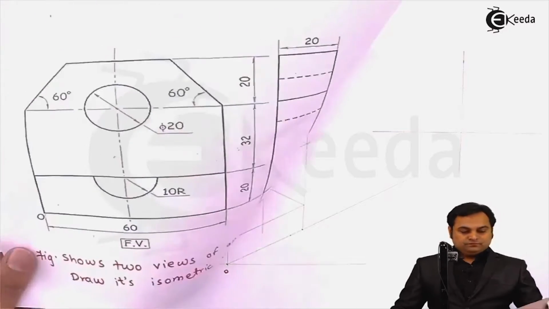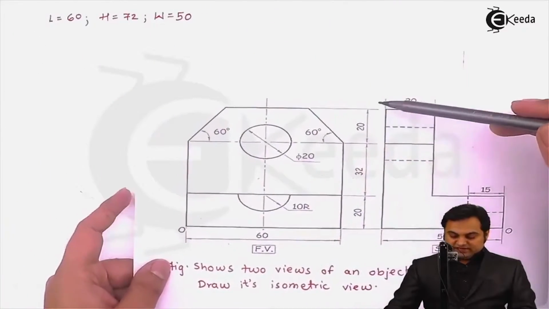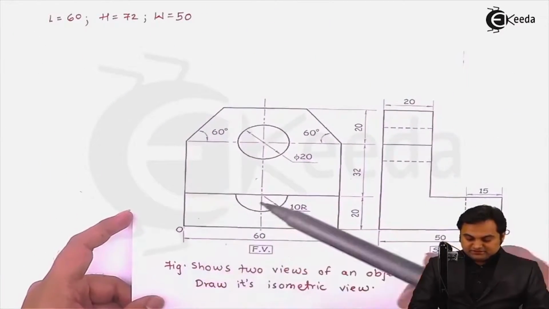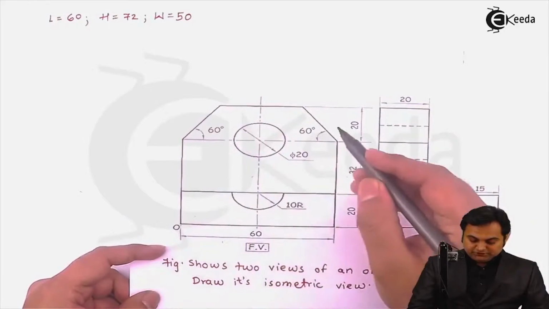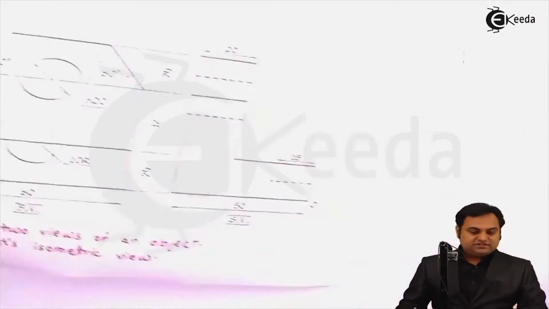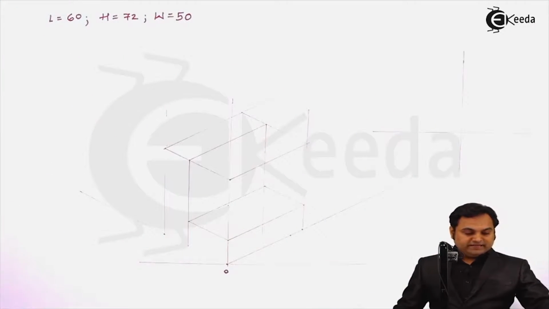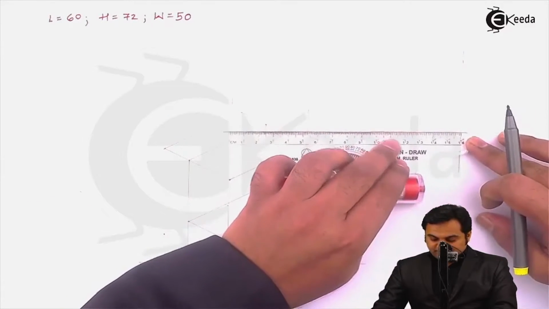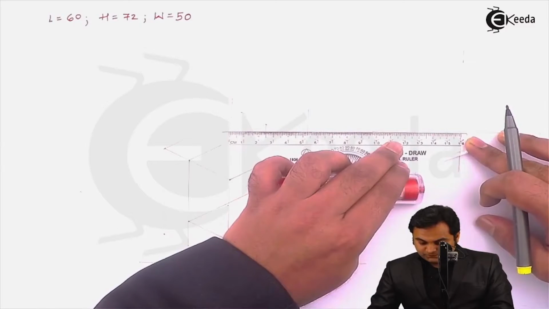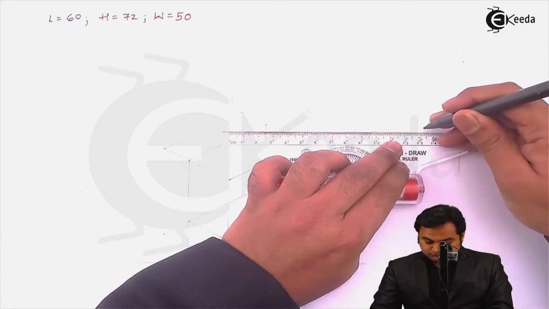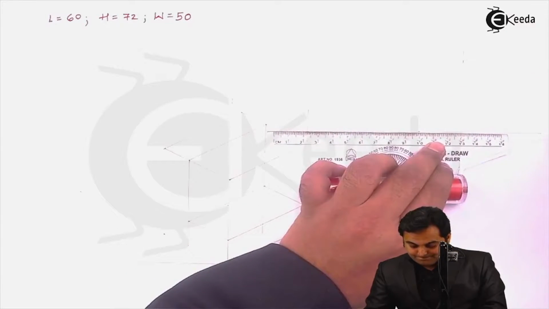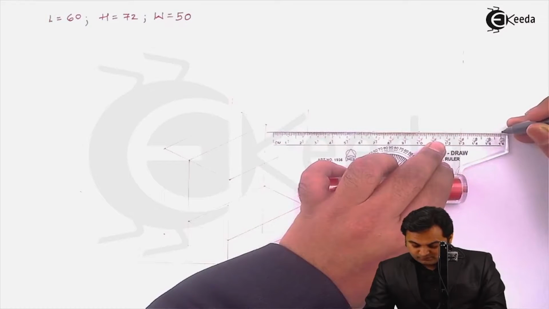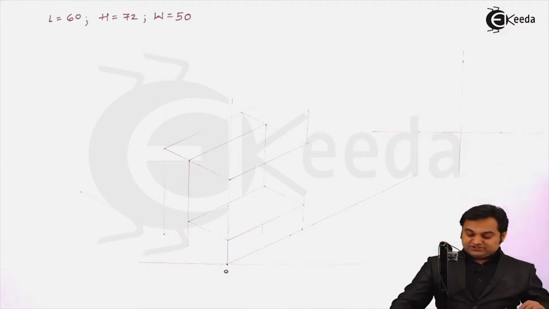Then this surface is having a height of 60 and its length, that is from this point to this point, the length is 60 mm. So I'm drawing a rectangle of length 60, that is measuring 30 mm on both the sides. So measuring 60 mm length.